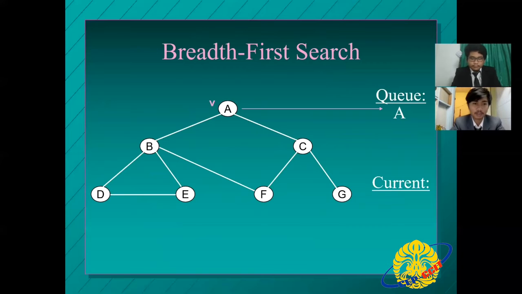This is the example of graph breadth first search. You can select any vertex you like.